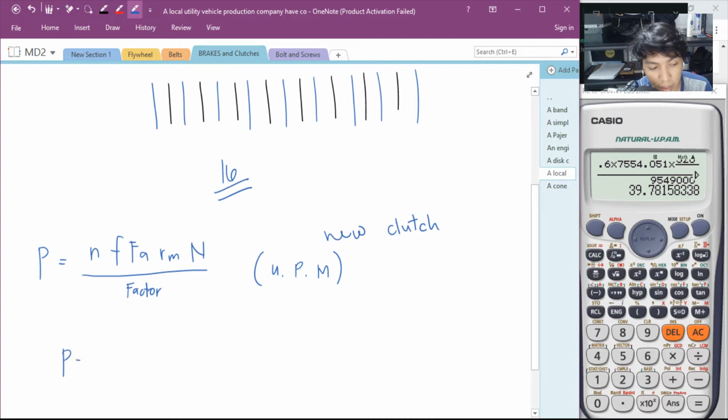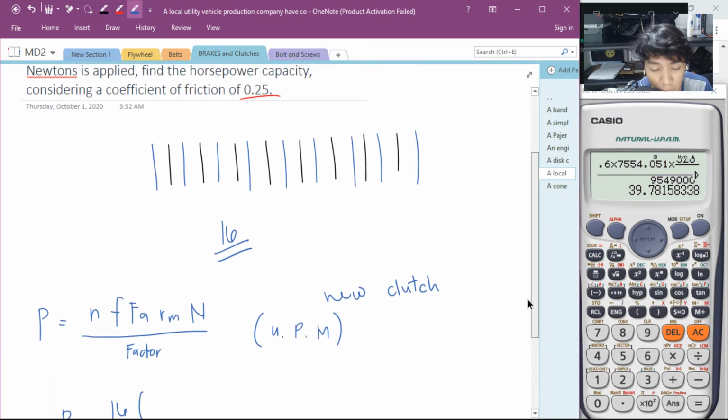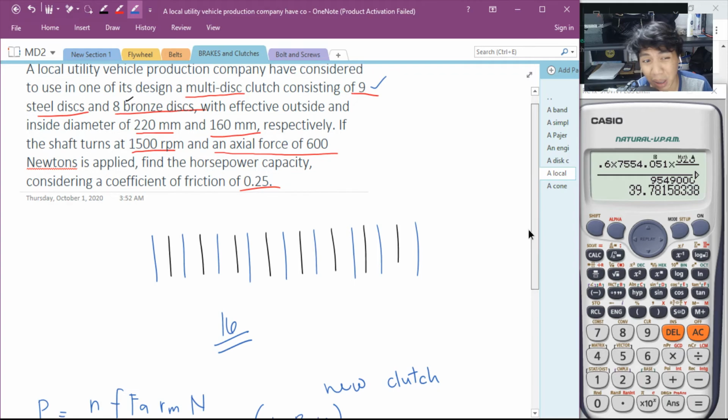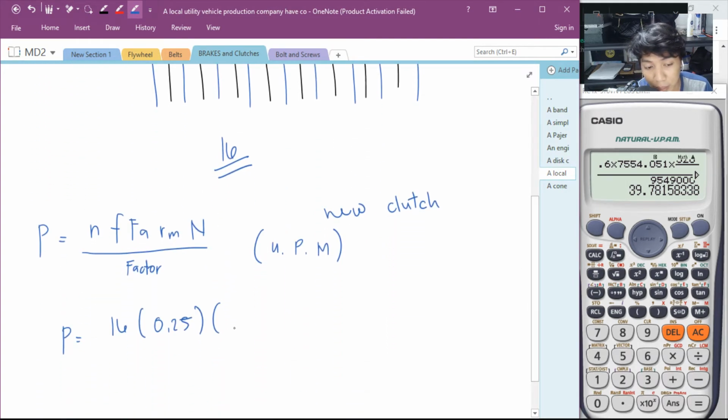Now, for the power, direct substitution, so 16 multiplied to, yung coefficient of friction is relatively low for 0.25 multiplied to FA, binigay na sa'yo kagad kung ilang newtons. That is 600 newtons. Axial force yan. And then, RM, new clutch yan.